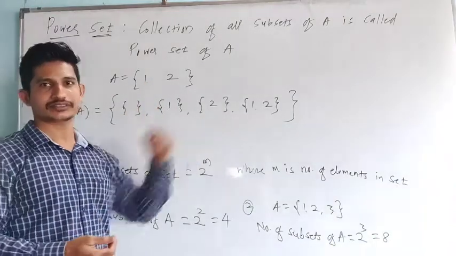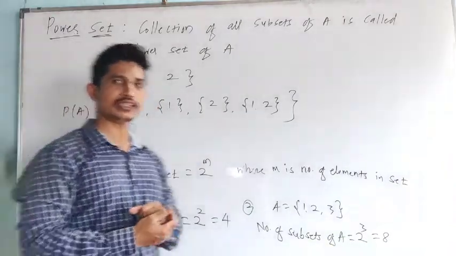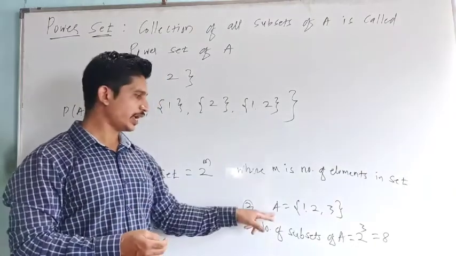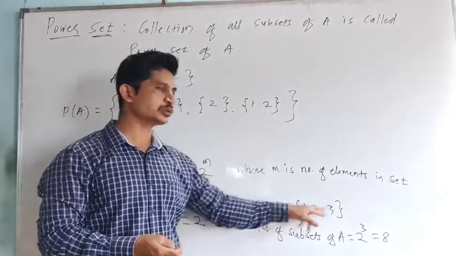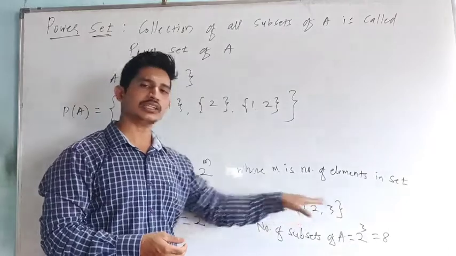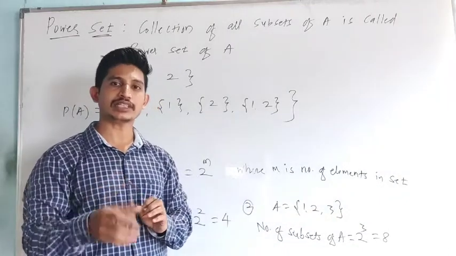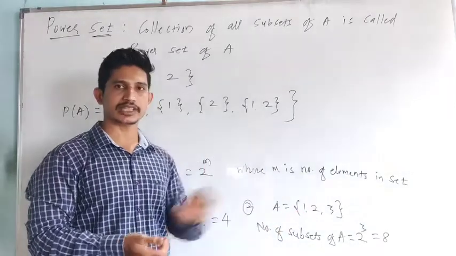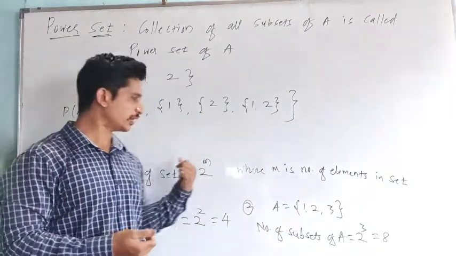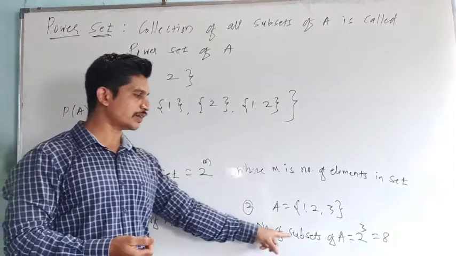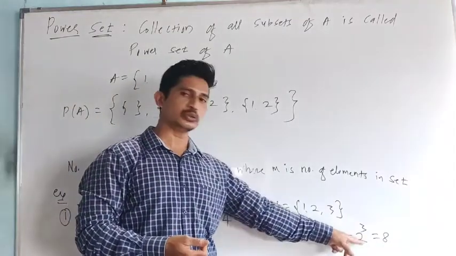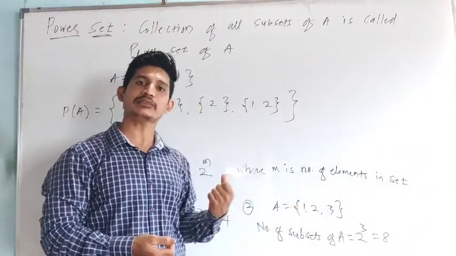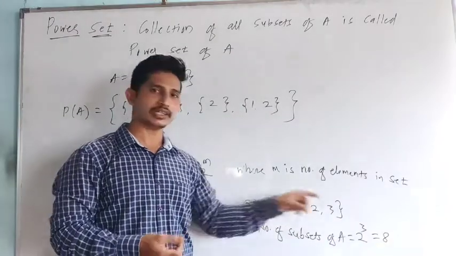Okay. Now suppose there are 3 elements. A is having 1, 2, 3. It is now having 3 elements. So how many subsets can we write from this given set? We can use this formula now. Number of subsets of set A is equal to 2 raised to m. m is what? 3 elements.